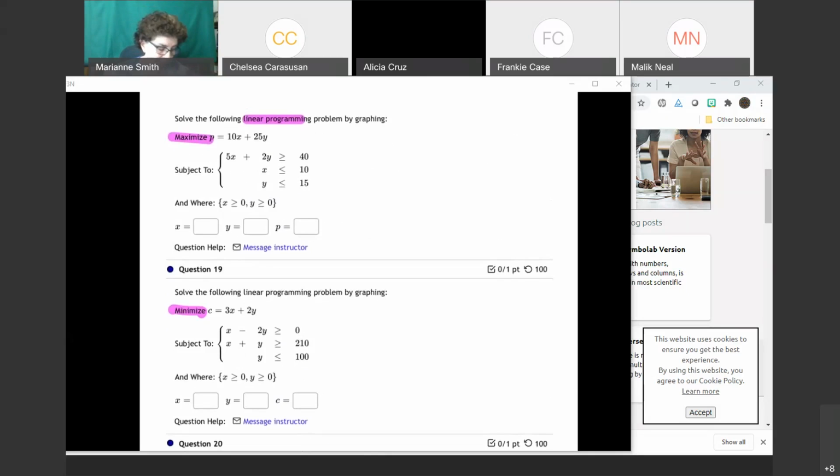So the idea again is if you're going to do this and show me work, basically you graph this to get corner points.